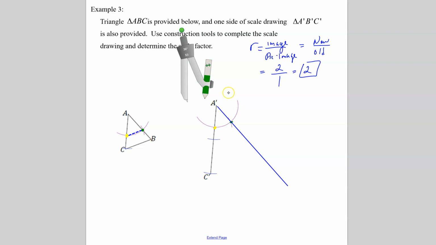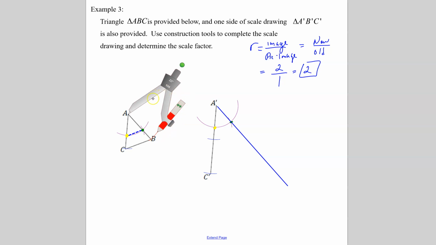So now that I have that angle copy, all I have to do is perform my scale factor process. Again, I'll do it in red here. So we know it's an R value of 2. I'm going to go to A, B and measure it because we want to find out where B prime is.